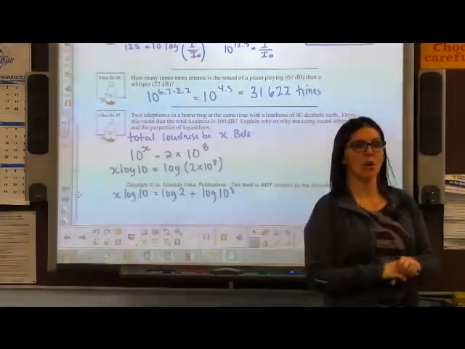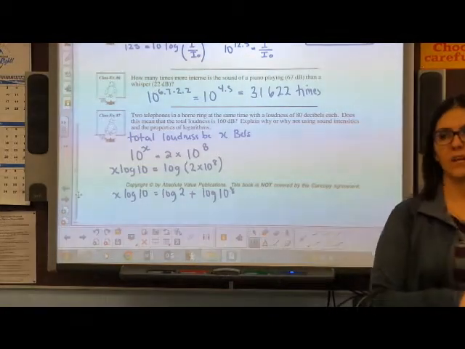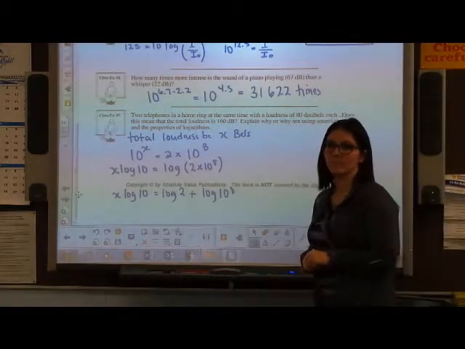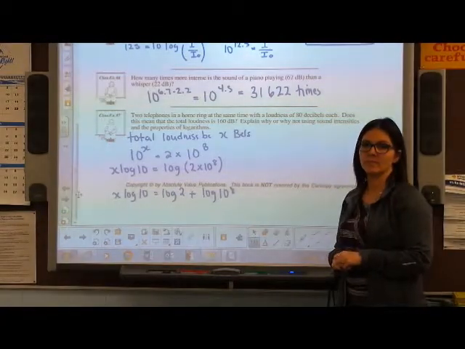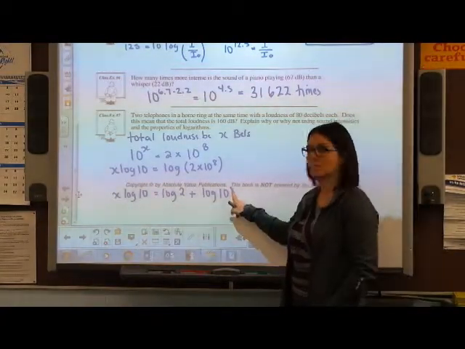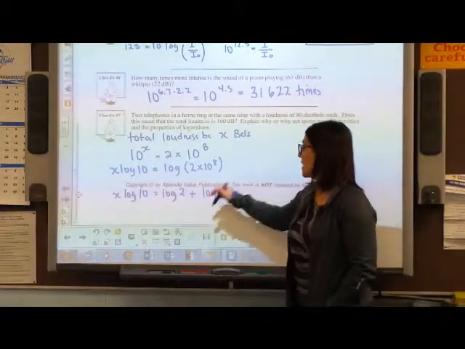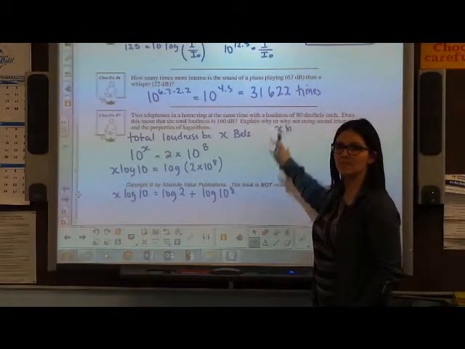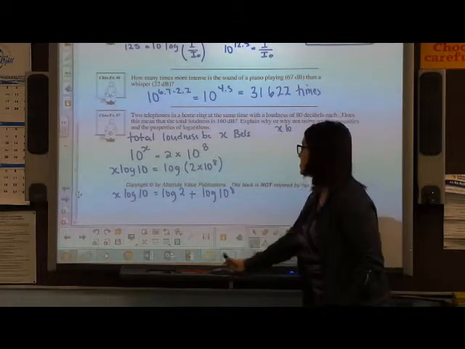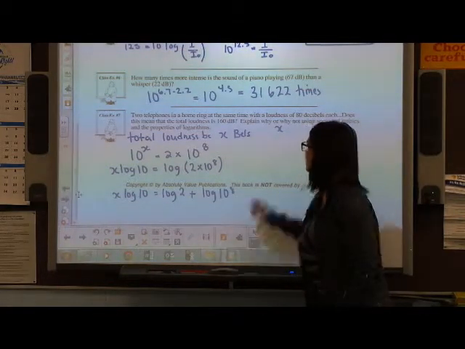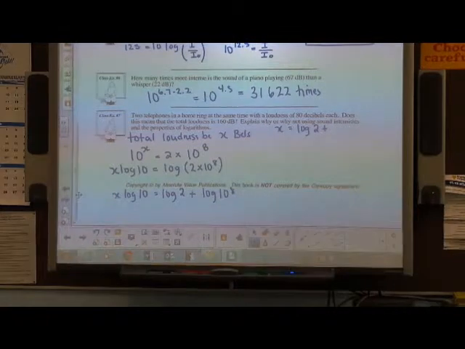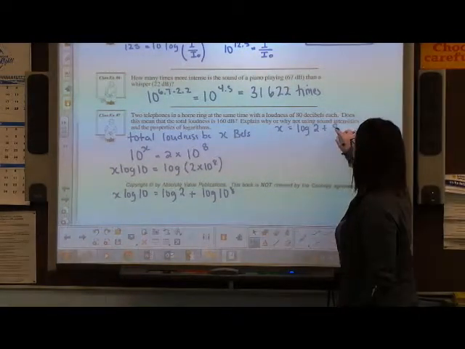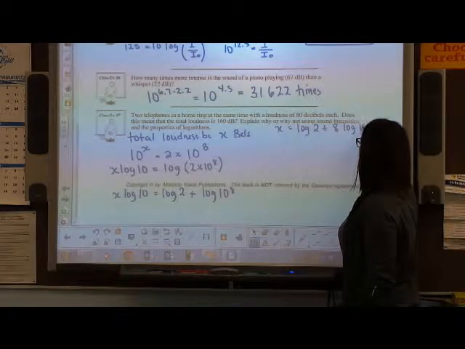What can I do with this log 10 to the power of 8? What can I do with that exponent of 8? Bring it in front. Oh, and what is log 10? 1. So this is just x now, equals log 2 plus 8 log 10.